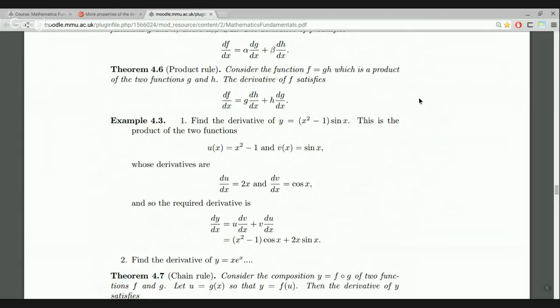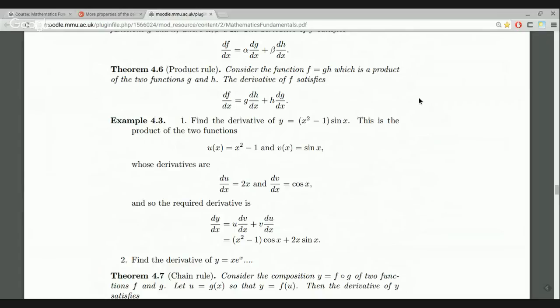So the quotient rule, this is the form I'm going to use it, is that if y is a quotient u over v, this is going to imply that y prime, the derivative of y, is u prime v minus u v prime.